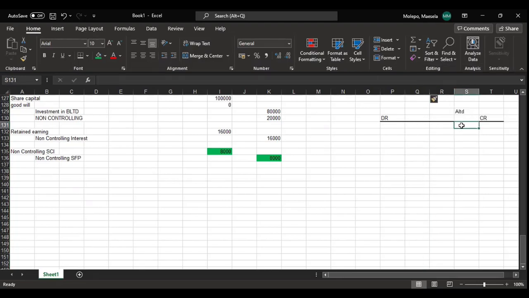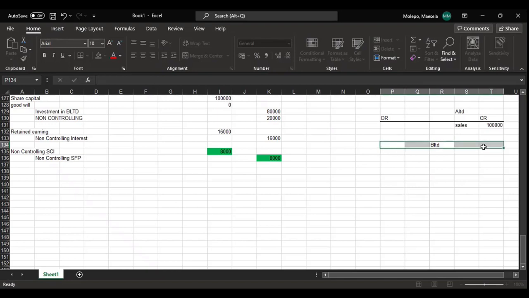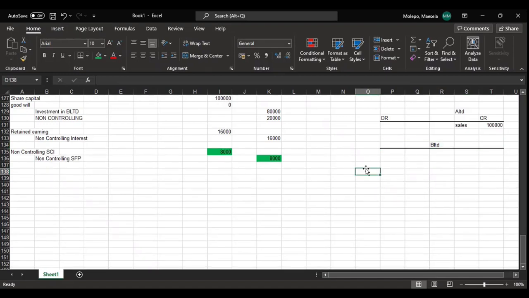He had sales of how much? 100,000. While B limited had inventory or purchases. He had inventory of how much? 100,000.